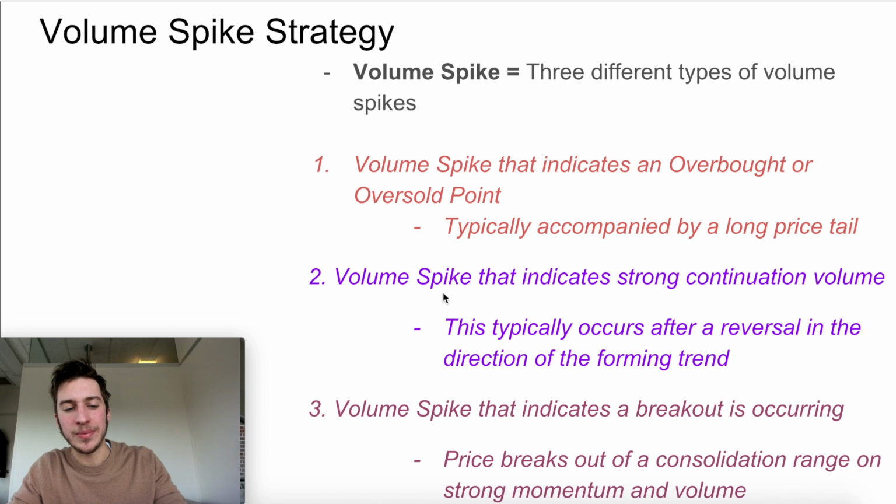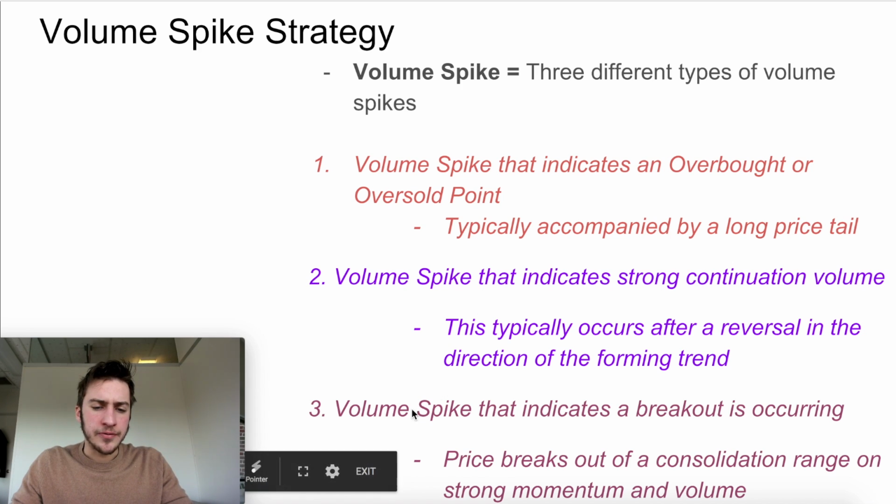Typically, if you see a reversal, whether it's bullish or bearish, you want to see very strong volume in the direction of that reversal. And if you don't, then it might just be a retracement.